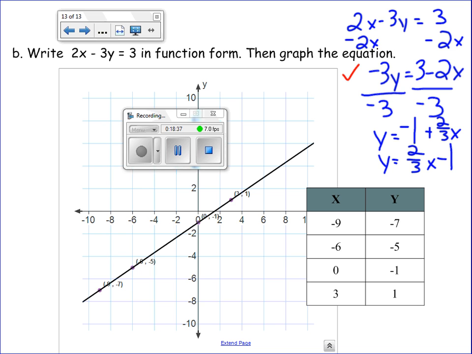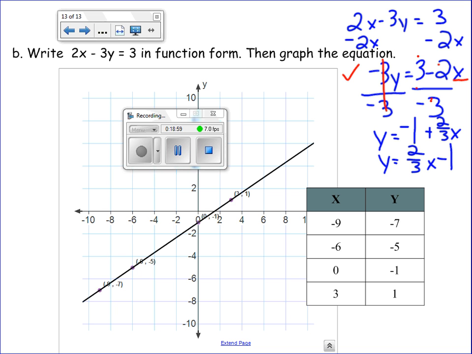In doing that, I'm left now with y is equal to -1 plus 2/3 x. Because 3 divided by -3 is -1. The -2x divided by -3 is going to be 2/3 x.